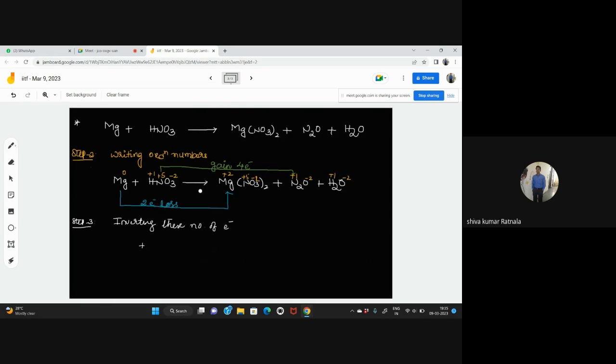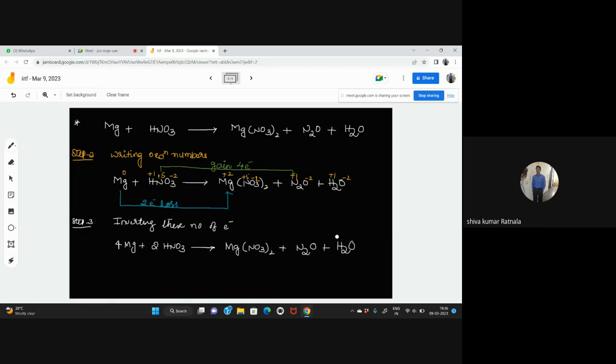We are inverting, no? 4 Mg plus 2 HNO3 gives Mg(NO3)2 plus N2O plus H2O. Understood? From HNO3, 4 electrons are gained, and that we are giving to magnesium. Both have 8.